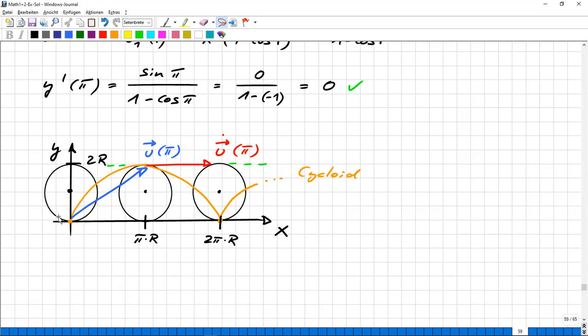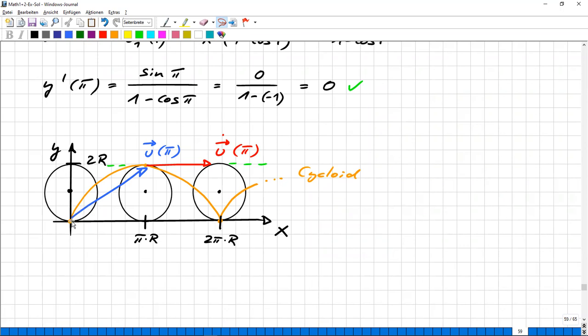As soon as the circle starts to roll to the right, this mark rolls upward, but at the same time it's connected with the circle, so it goes up and to the right. Just imagine it's a little lamp, and you would see this lamp lighting along this curve. That's how the curve originates. It's quite interesting by itself.